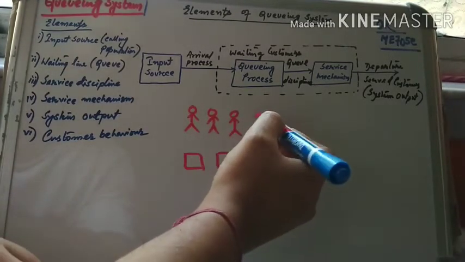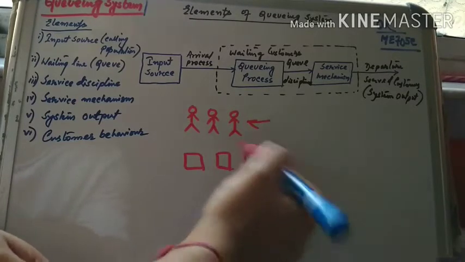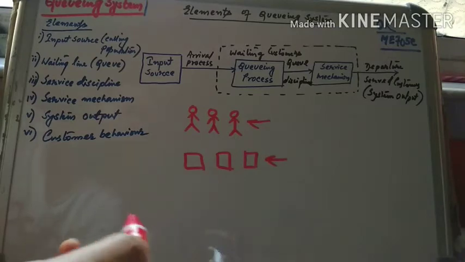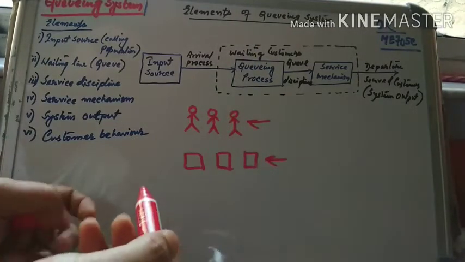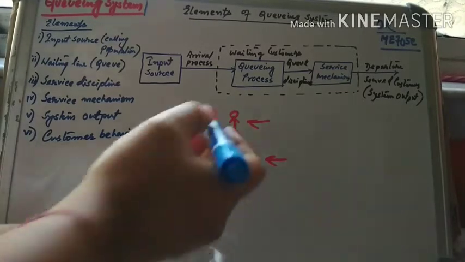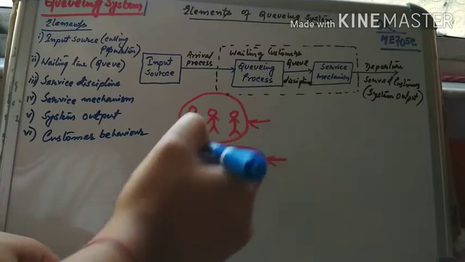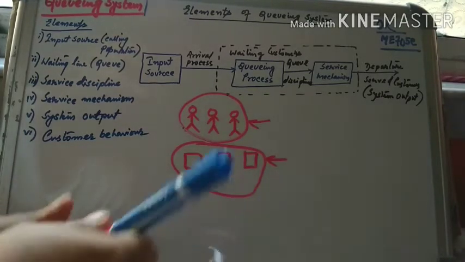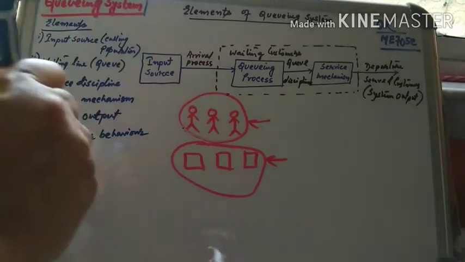So it can be a living being or it can be a non-living being also. Without a queue, there is no meaning of solving a waiting line problem. So the queue is basically the main thing in a waiting line problem. So we are dealing with the queue.